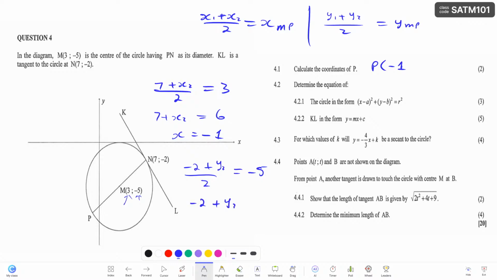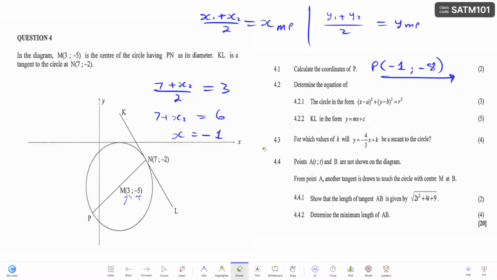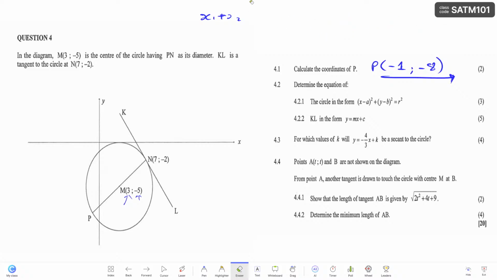It's going to give us -10. Then take -2 to the other side, it's going to be +2. So y is going to be -8. So here we have -8. So now we can erase this. I have already shown you how we got our P value.